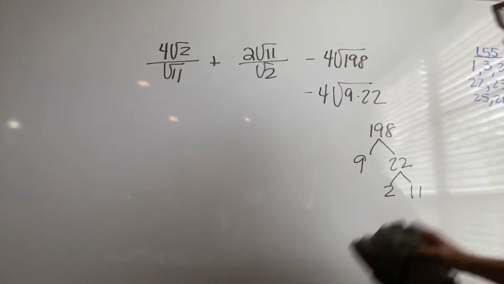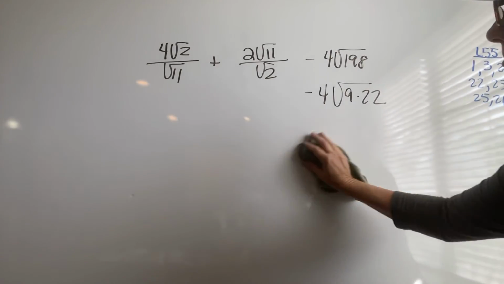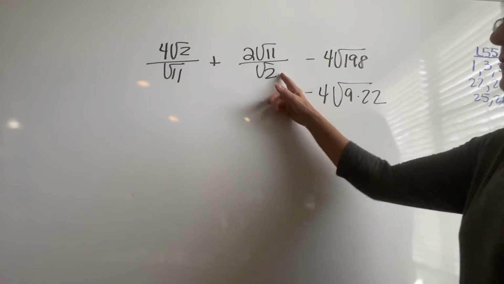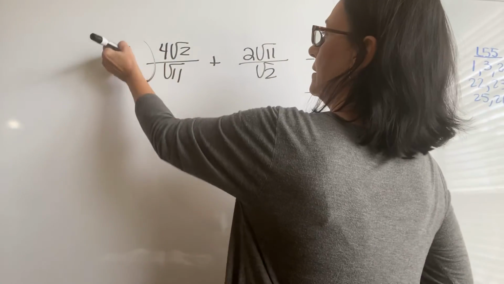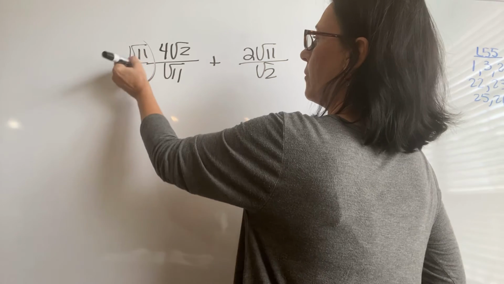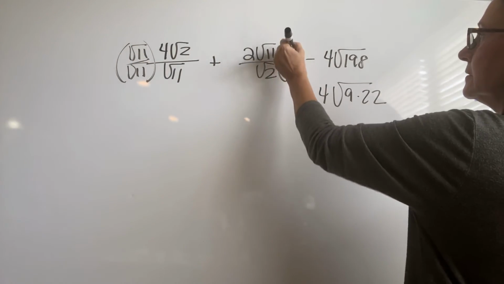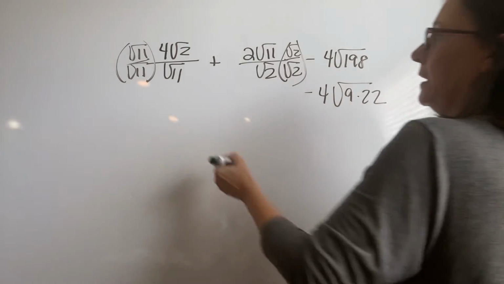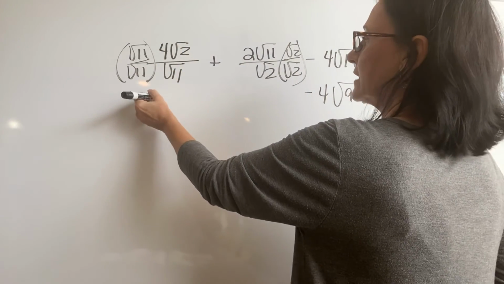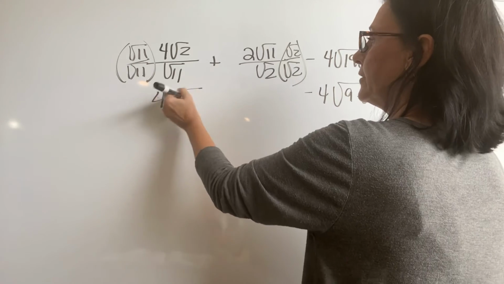All right? And what do I do to these? I rationalize that denominator by multiplying by the denominator over itself. And this first term, you multiply outside and you multiply under the radical.